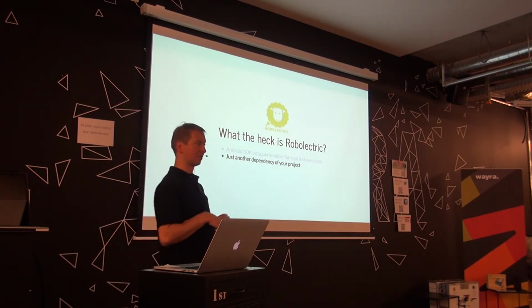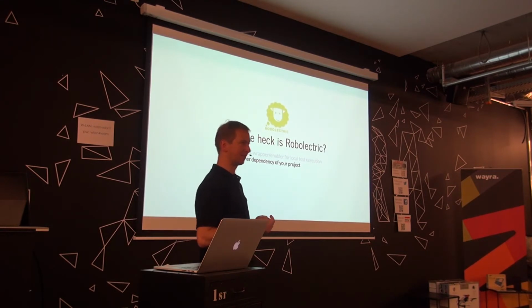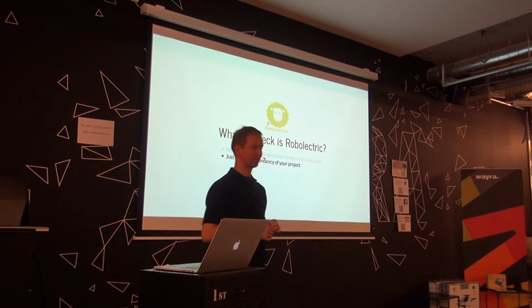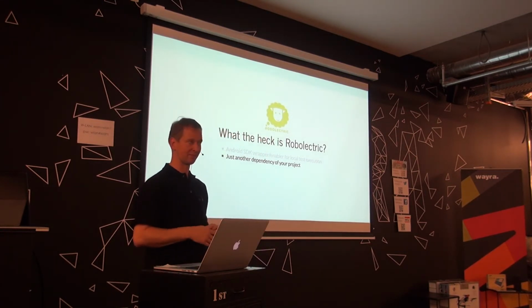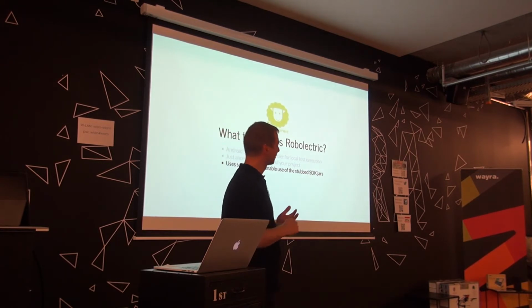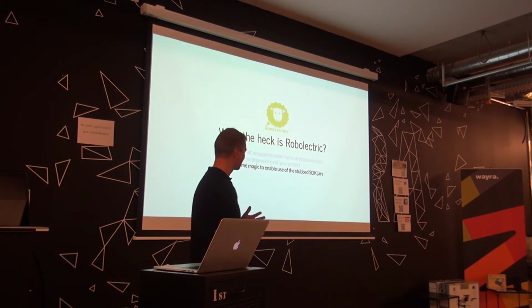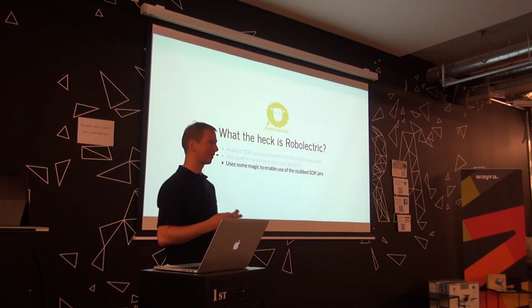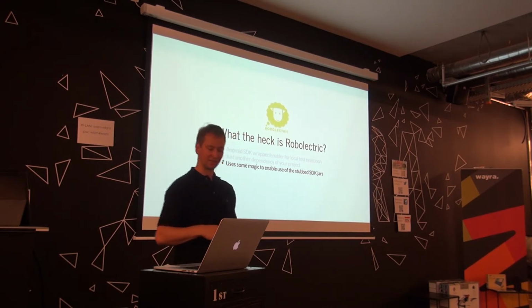And to use it, it's just another dependency for your project. So we can add it as a dependency. And in the background, it of course uses some magic to enable running local tests on top of the SDK jars.